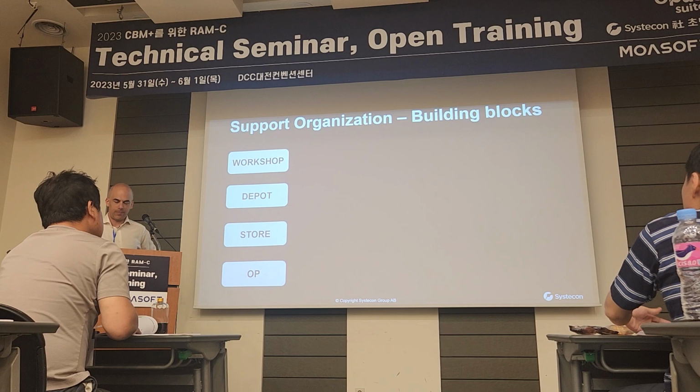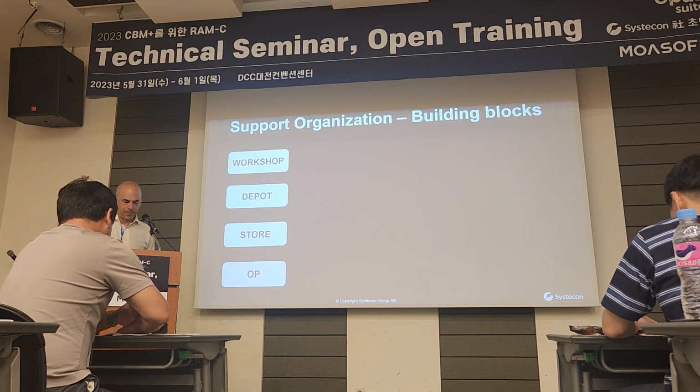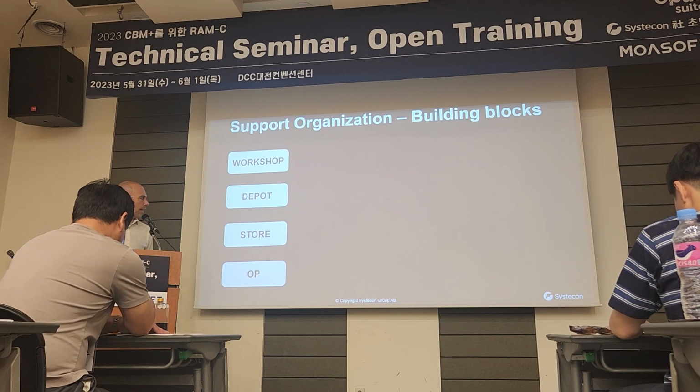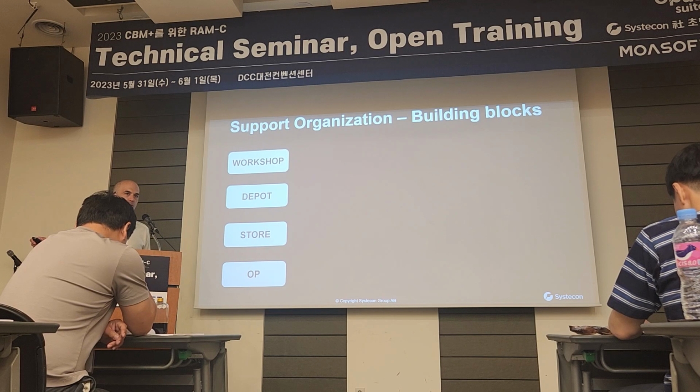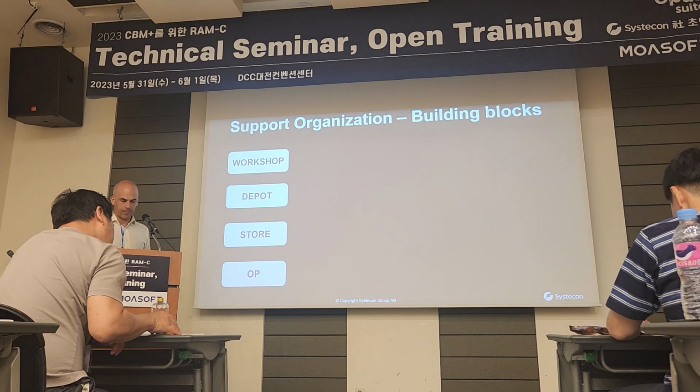In OPUS 10 we have four predefined support elements, support organization units, or stations as we call them: workshop, depot, store, and operating base. These predefined types have some properties.